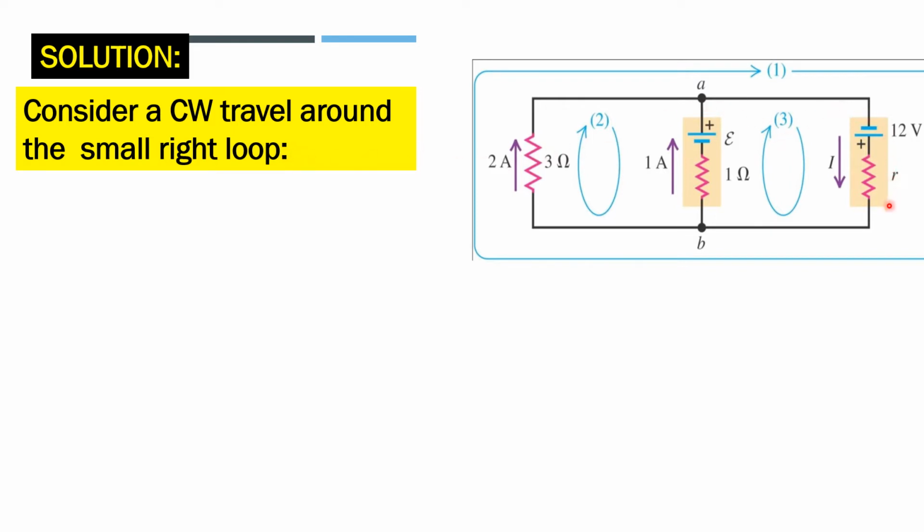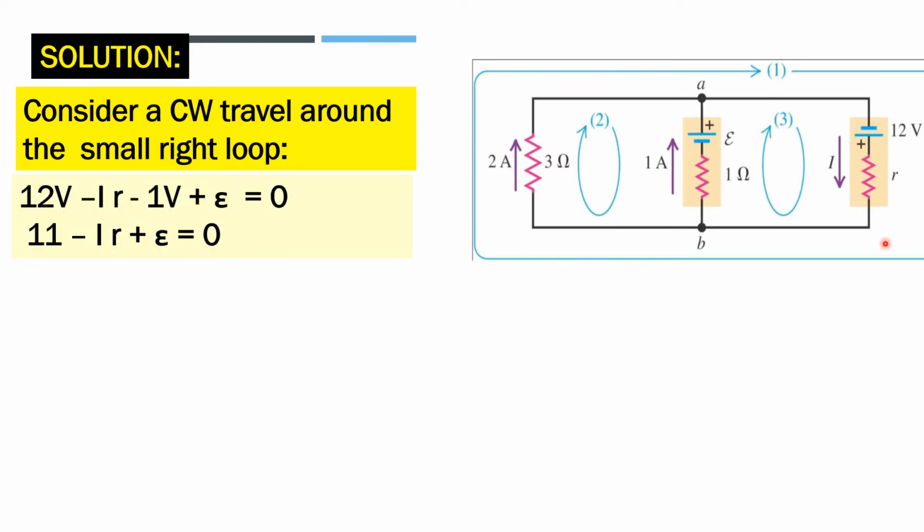Alright, so which part of the loop are we supposed to start from? We will start by considering the EMF of the battery. As you travel clockwise and pass through this battery, you will traverse the terminal of the battery from the negative to the positive terminal.